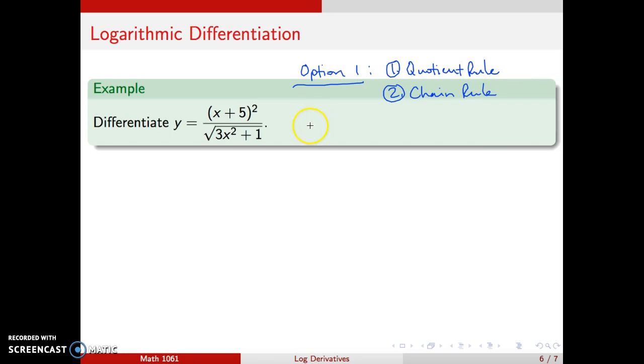Another way, option 2, and it's not that bad, is with logarithmic differentiation, and that's what we're going to try. So let's apply the logarithm to both sides.